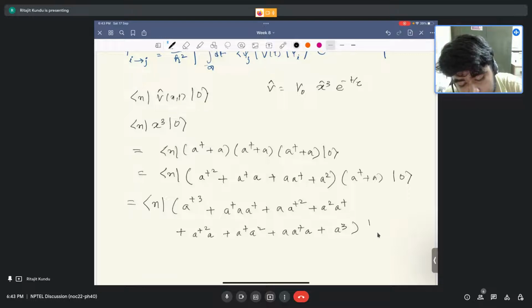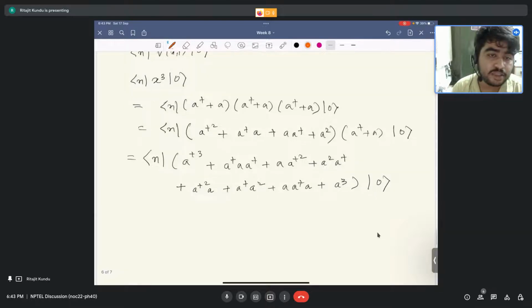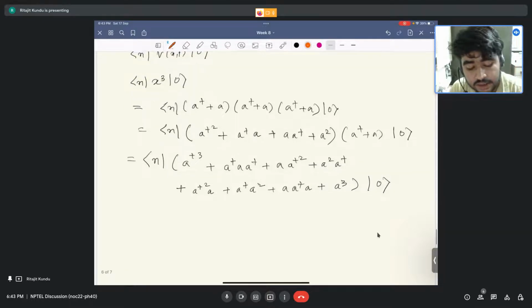Since we are taking a matrix element between n and 0, most of these terms become 0. Any a acting on 0 gives 0, since a is the annihilation operator and there is no state lower than 0.